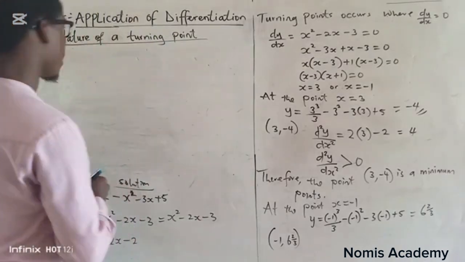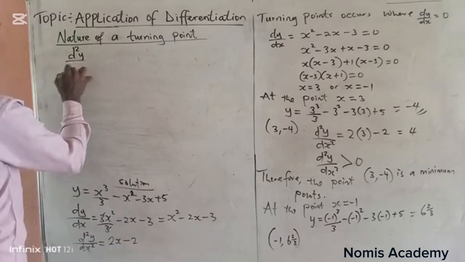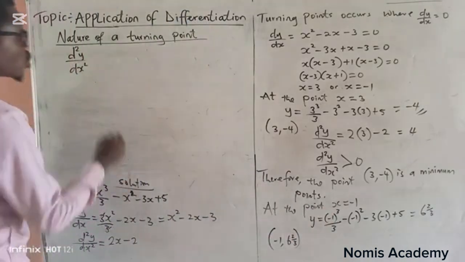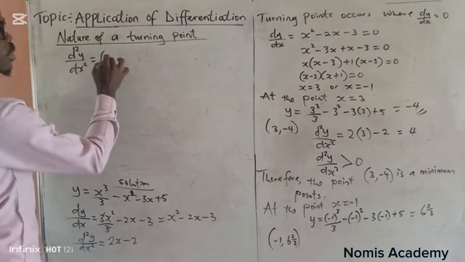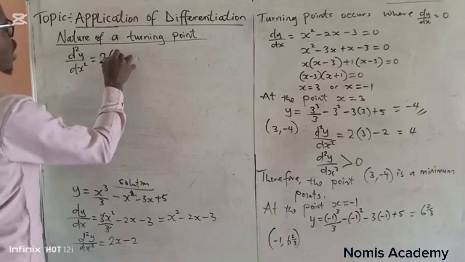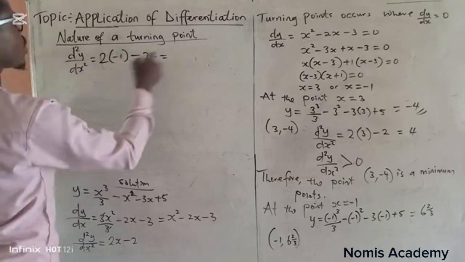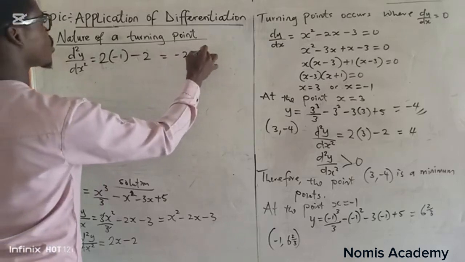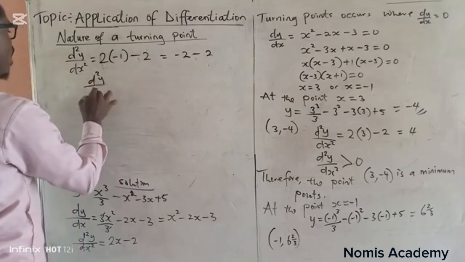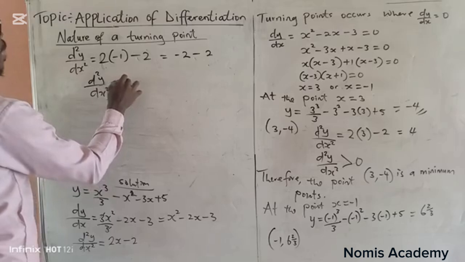Alright, so d squared y over dx squared at the point where x is equal to minus 1: we insert the value of minus 1. So we have 2 times minus 1 minus 2. To simplify that, we have minus 2 minus 2. So finally, d squared y over dx squared is equal to minus 4.